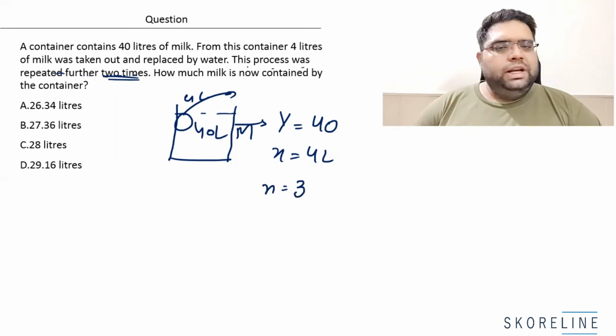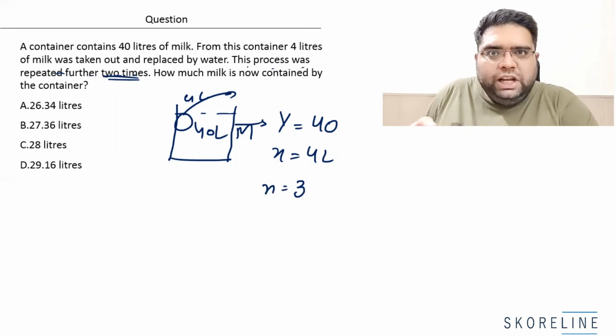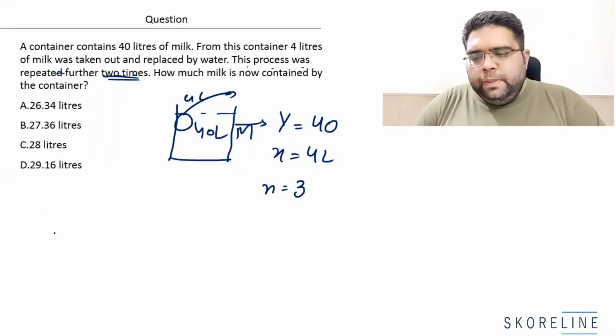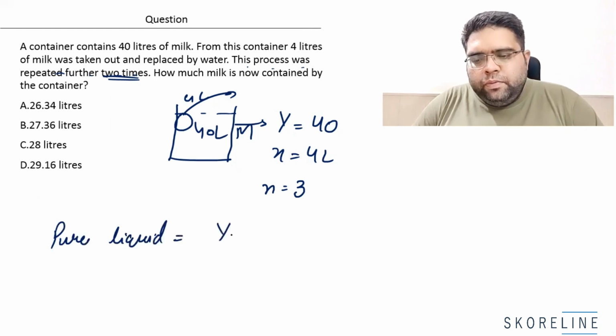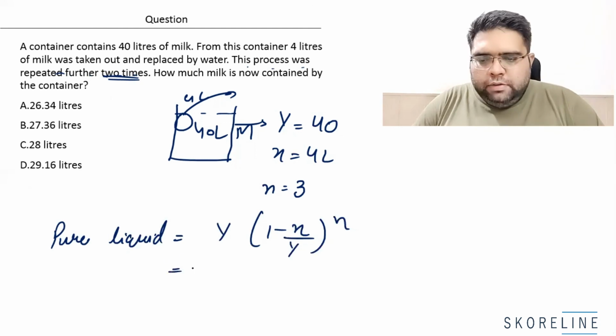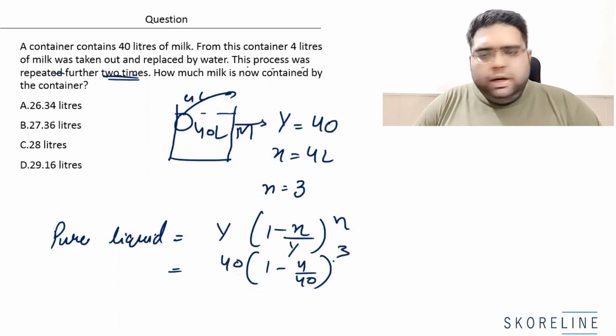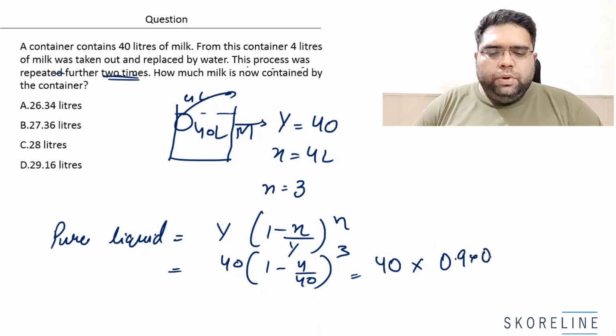How much milk is now contained in the container? So how much pure liquid is left in that container? Pure liquid is y (1 minus x by y) to the power n, which is 40 into (1 minus 4 by 40) cubed. 4 by 40 is 1 upon 10, so this is 0.9 into 0.9 into 0.9.